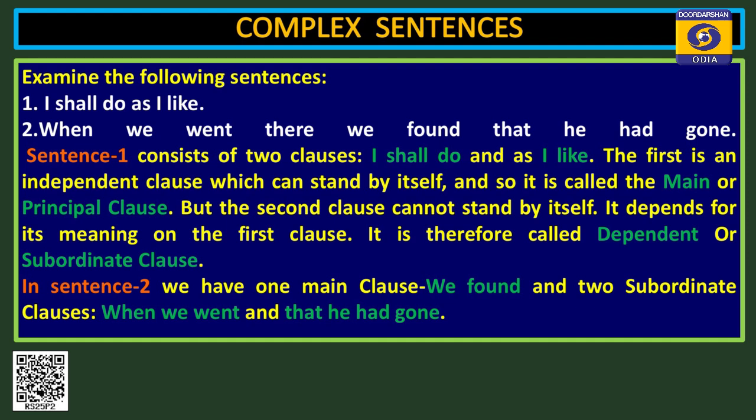Second example, when we went there we found that he had gone. Sentence 1 consists of two clauses, I shall do and as I like. The first is an independent clause which can stand by itself, so it is called the main or principal clause, I have already told you, but the second clause cannot stand by itself.